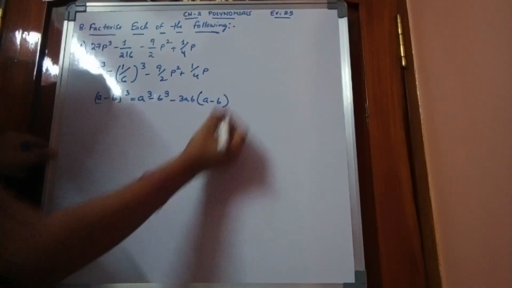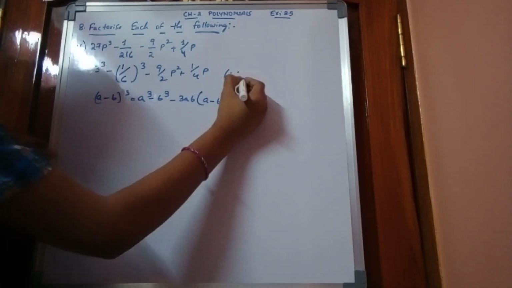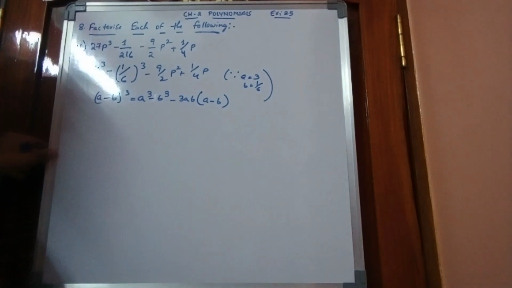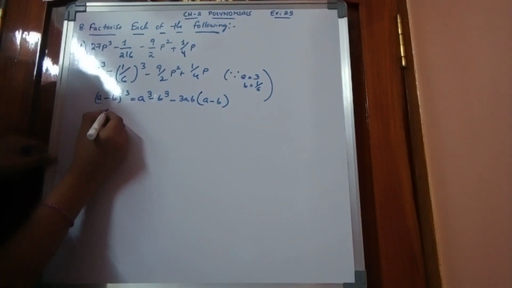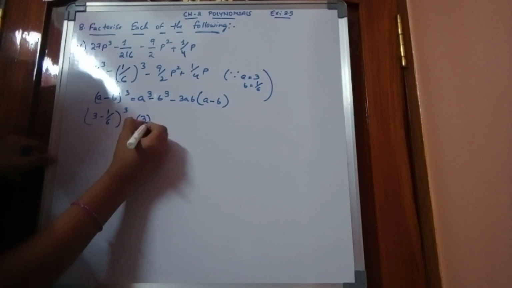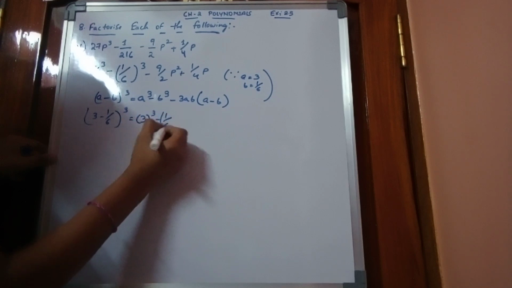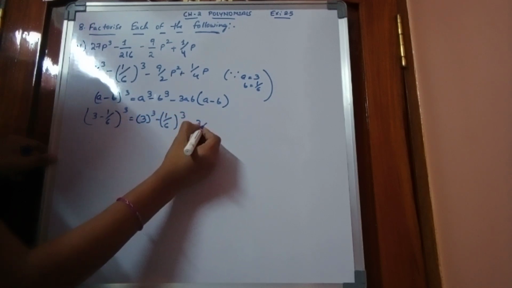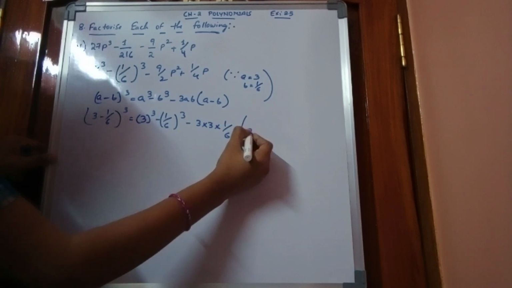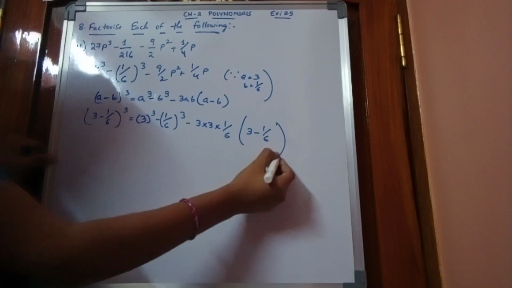So now substituting, keeping the bracket that a is equal to 3p and b is equal to 1 by 6. Now writing (3p minus 1 by 6) whole cube is equal to (3p) whole cube minus (1 by 6) whole cube minus 3 into a is 3p and b is 1 by 6 of (3p minus 1 by 6).